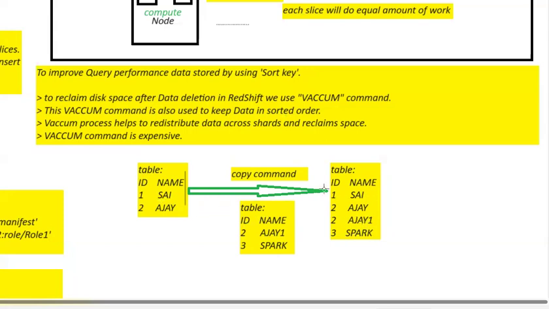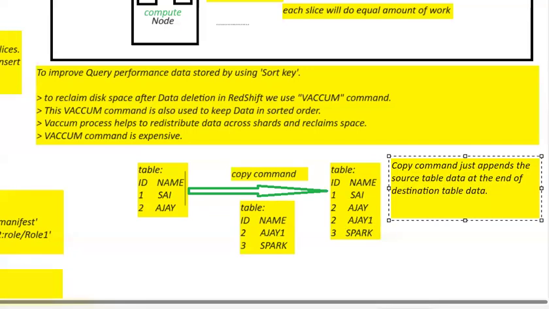Here you can see what this copy command does. It just appends at the end. So if I use the copy command, there is a high probability of data duplication in Redshift, right? Yeah.